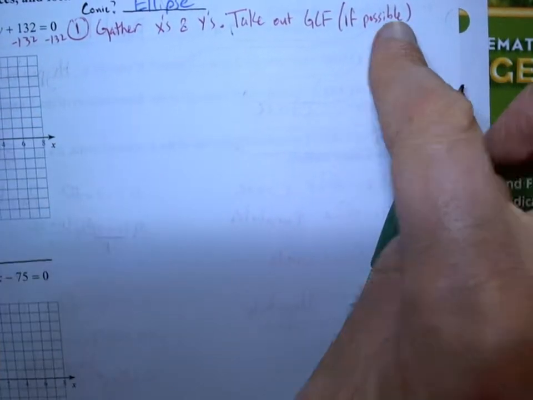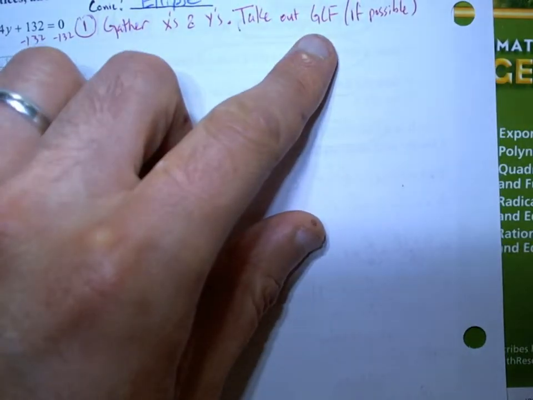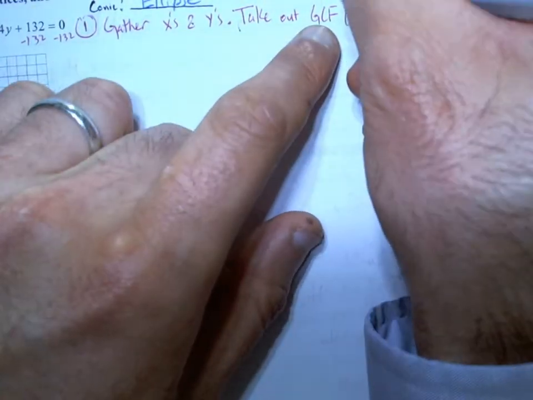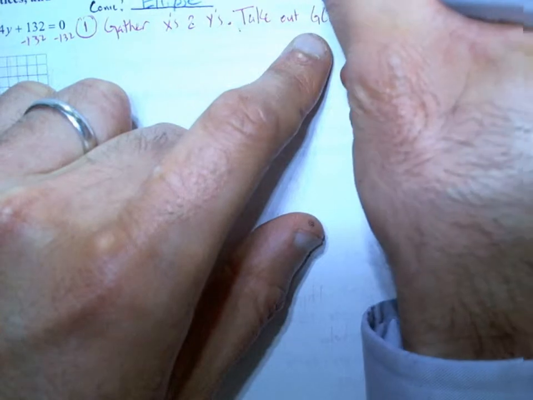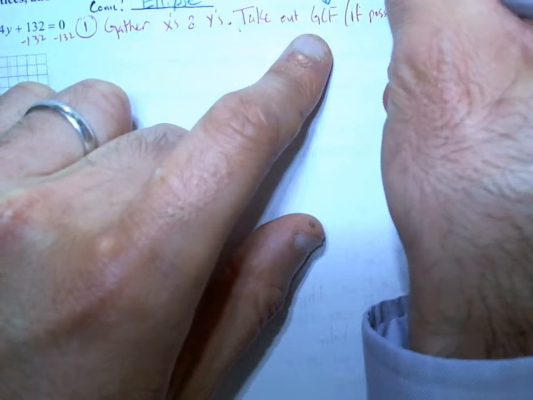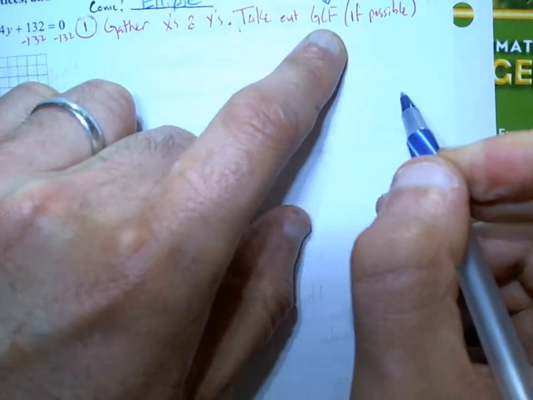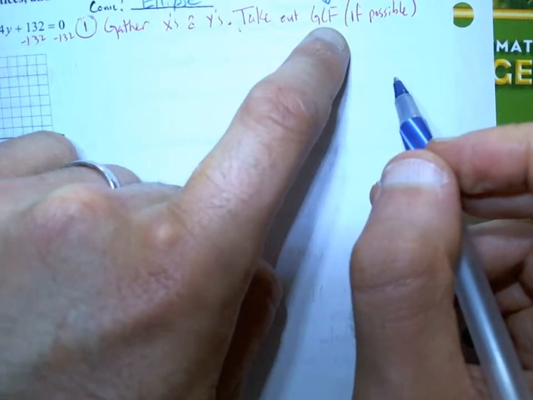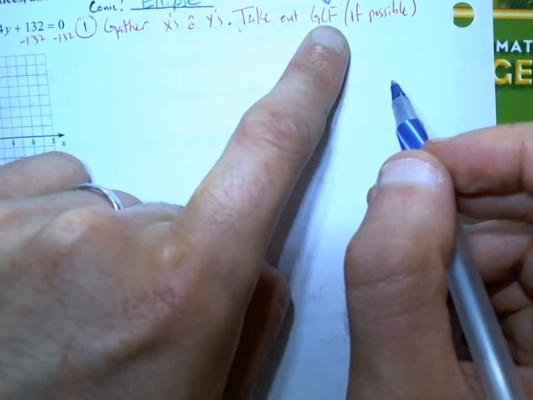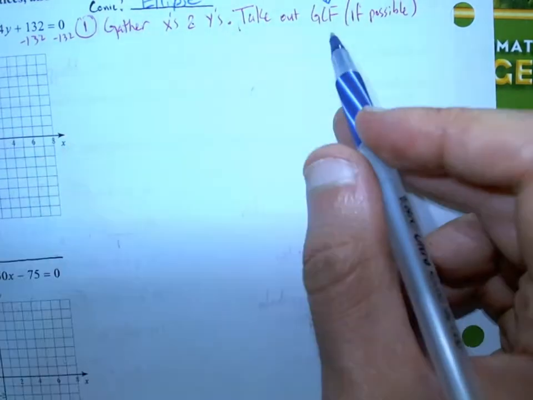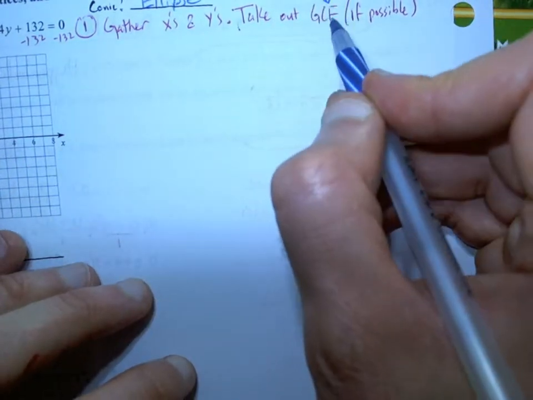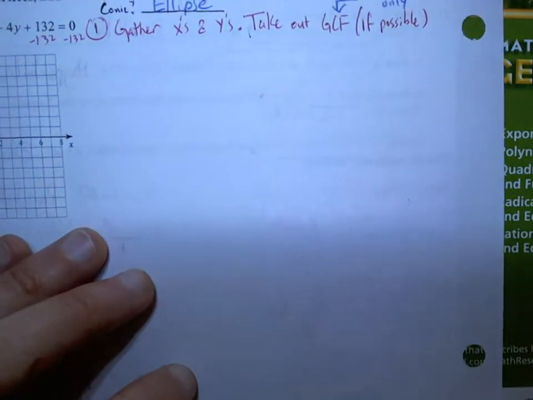And someone asked a good question. It's a little bit misleading. I shouldn't actually say GCF because when I mean GCF, I mean just the number only, not the x, because you could always take out an x. I mean number only. So more like greatest common factor, not including the variables, just the coefficient part. Coefficient only.